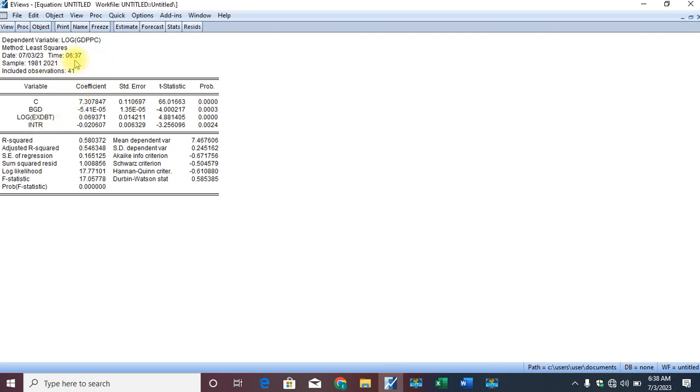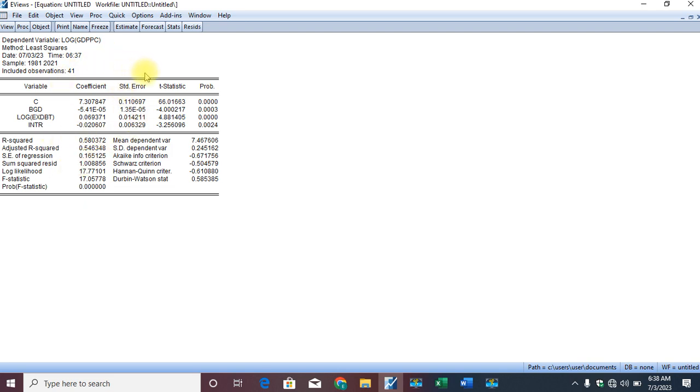This OLS model was estimated on the assumption that the series under consideration were mean reverting, or that they became stationary at level. It is on that premise that I estimated this particular OLS model this morning.